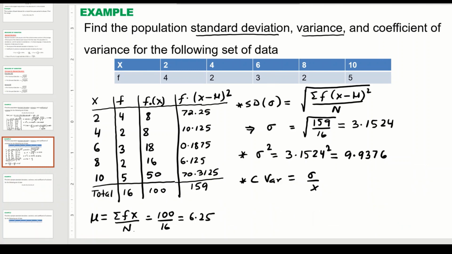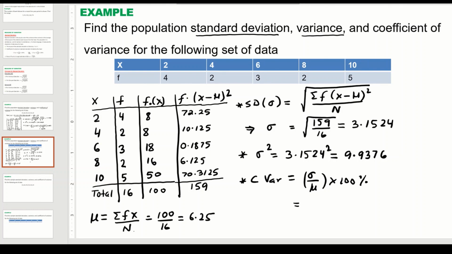Next, we want to calculate the coefficient of variation, which is equal to sigma over mean. In this case, we have the population mean, so we write that as mu, times 100%. Let's plug in the values.